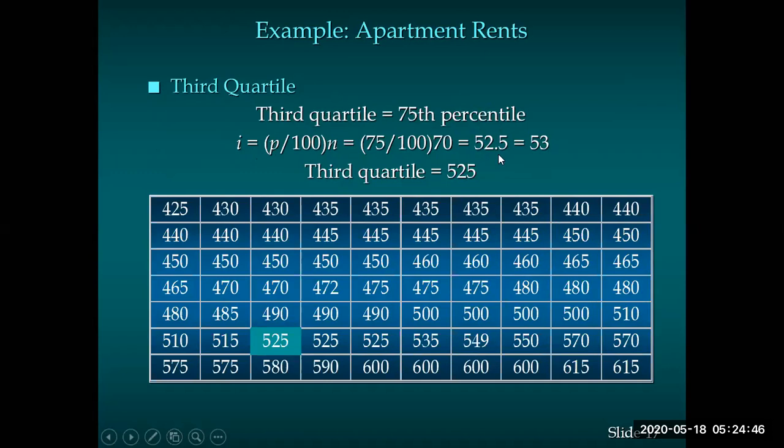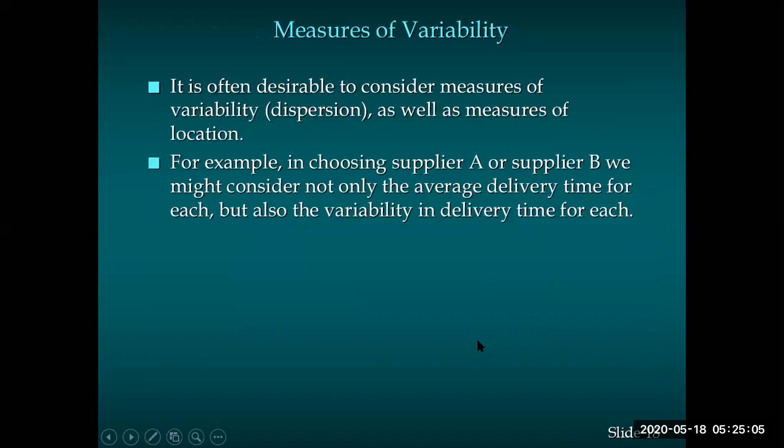Whenever you're not getting an integer, you have to round up the value. Round up to 53. The 53rd number is 525. What is the concept? 75% of the data is below 525. 25% of the data is above 525. Similarly, we can do the remaining two quite easily.